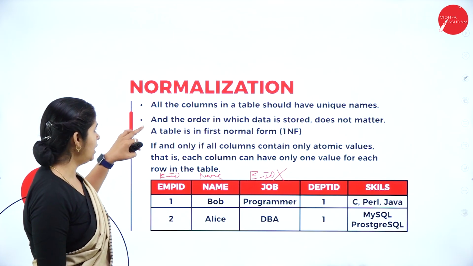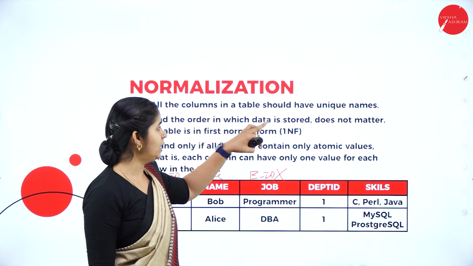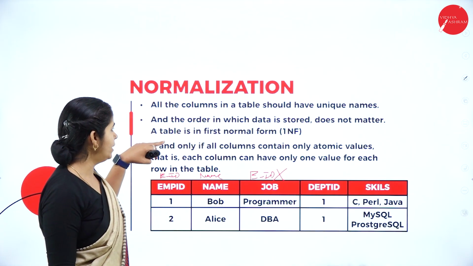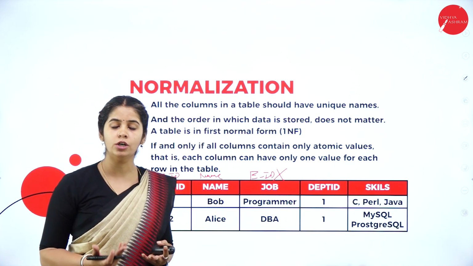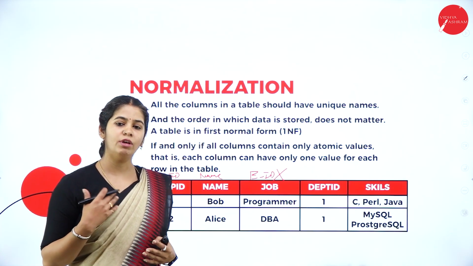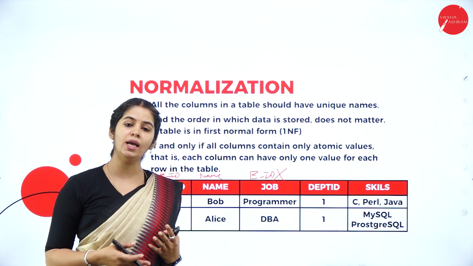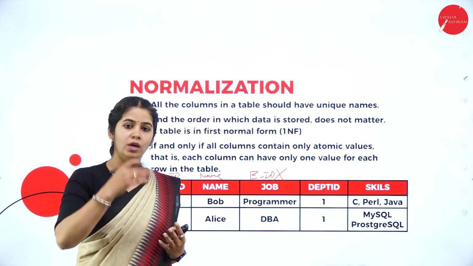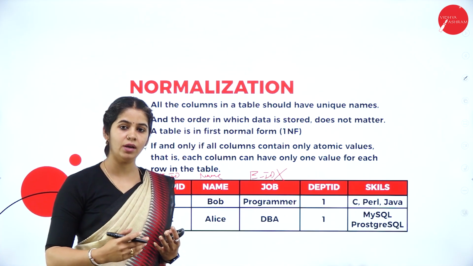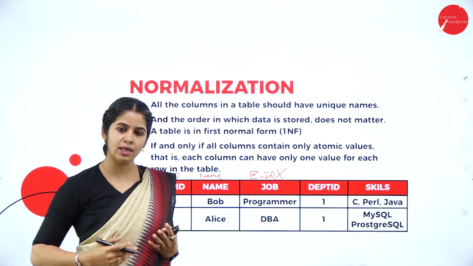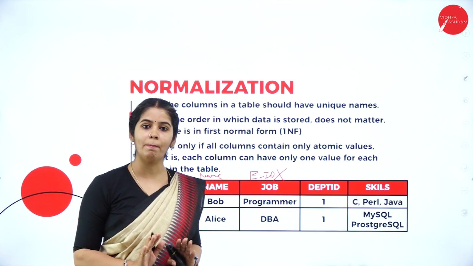Then the fourth constraint: the order in which data is stored does not matter. For a table in the first normal form, in which order you are storing the data does not matter. You can store the data in any order, 1, 2, 3, 4 or 5, 6, 7 or 8, 7, 6, like that. The order does not matter here.